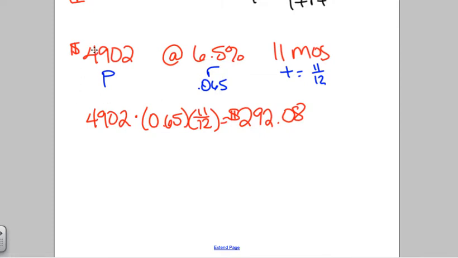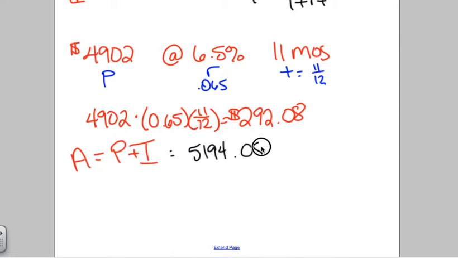I could just add my principal and interest together, because another thing for A is just A equals P plus I. Or I could plug that in. So let's do this first. Let's say plus 4902 is 5194.08.